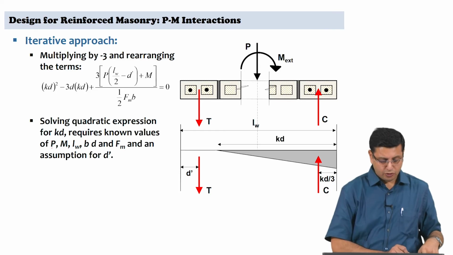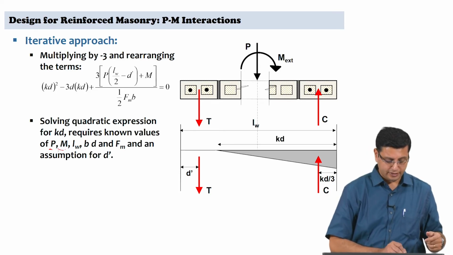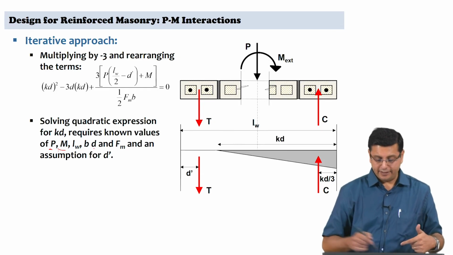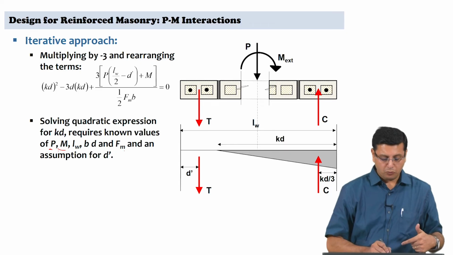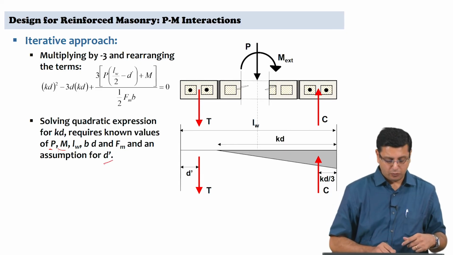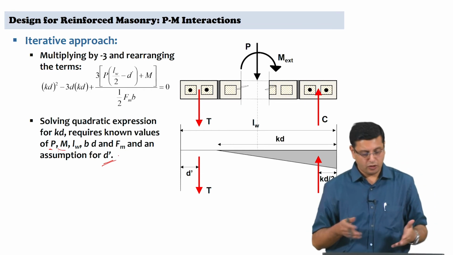So, you will need to know the axial force acting on the wall, the external moment, the length, thickness and the d of the wall, the permissible compressive stress in masonry, and the assumption that you want to make for d', and therefore your steel reinforcement configuration matters.